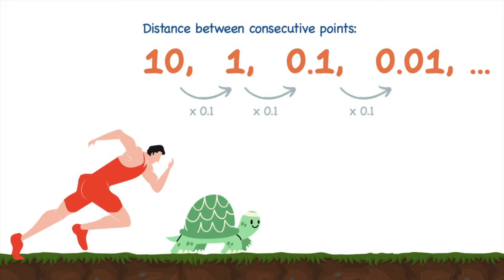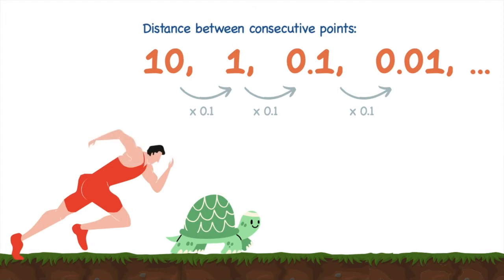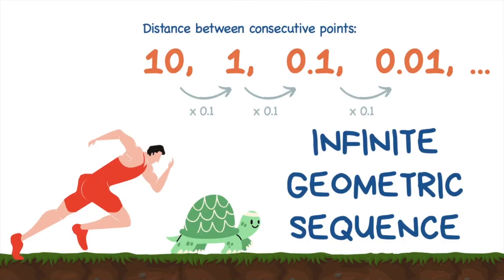And 0.1 times 0.1 is 0.01. Since we just need to multiply the last term by 0.1 to get the next term, we can say that 0.1 is the common ratio, which means that the distances between the consecutive points form an infinite geometric sequence.